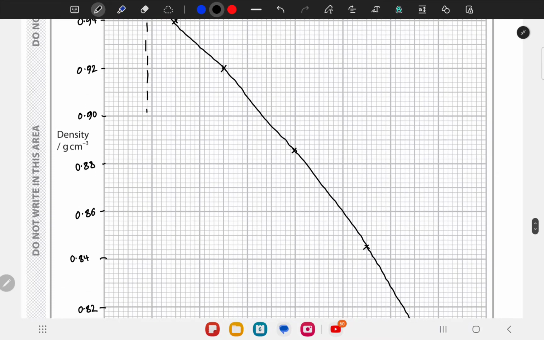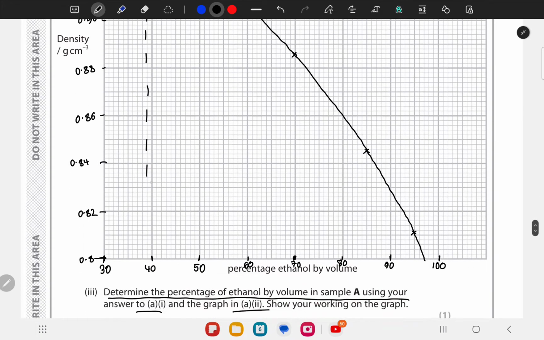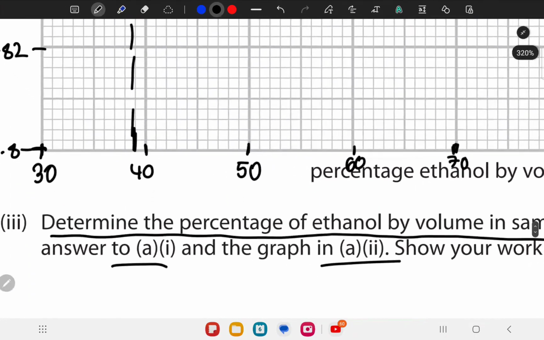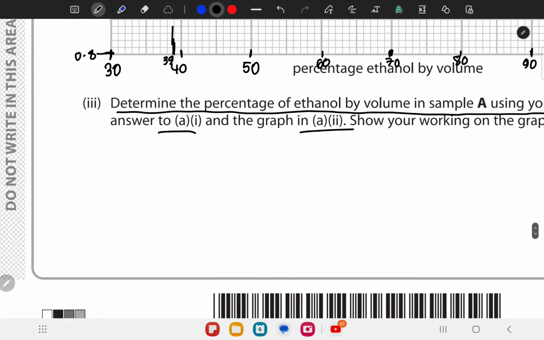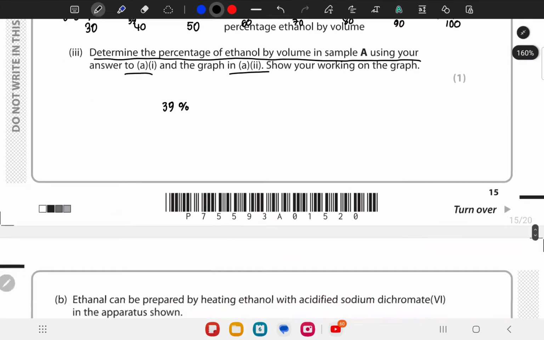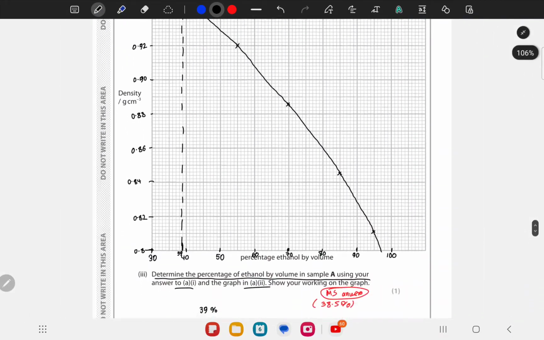My graph isn't too accurate over here, so your values might differ. For my graph I get a value of 39. The mark scheme answer is 38.5%. So my inaccurate graph was pretty accurate.